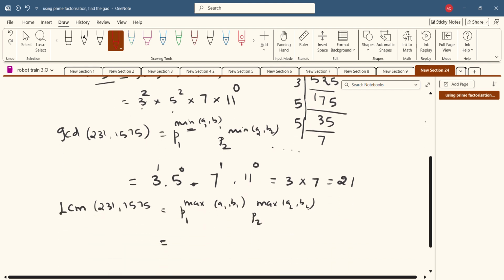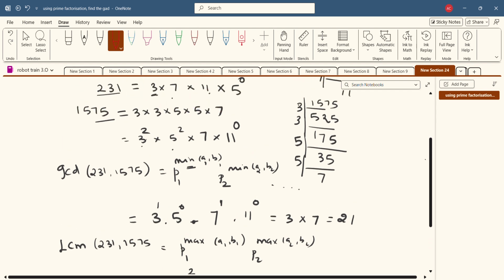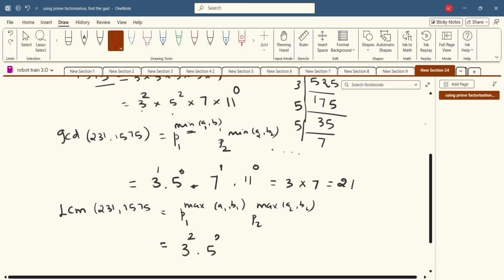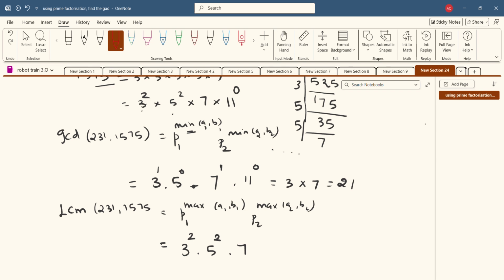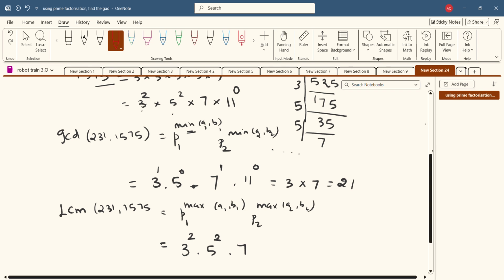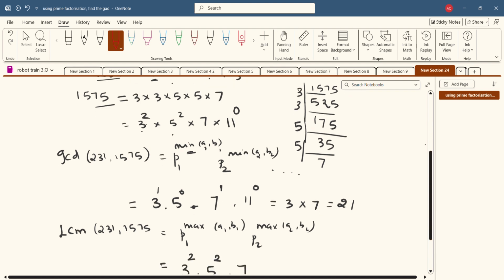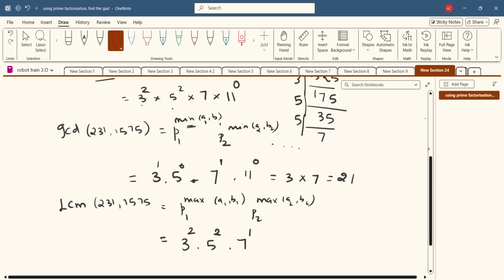So we have 3 squared, 5 squared, 7 power 1, 11 power 1.